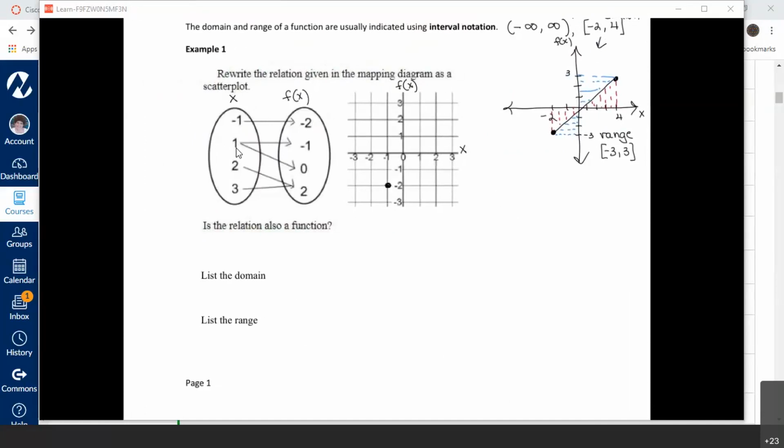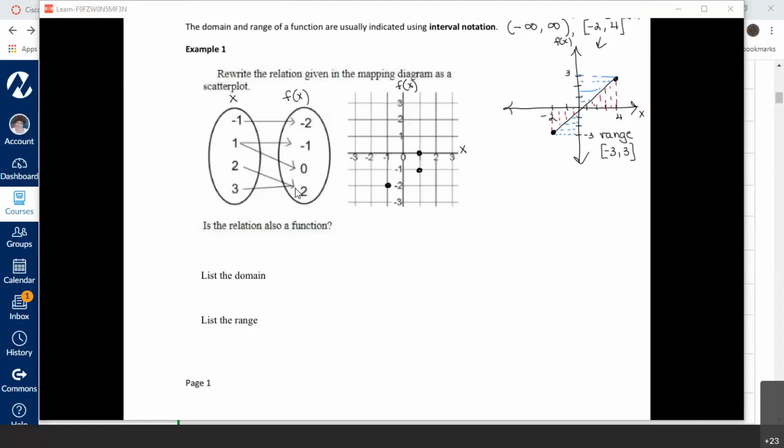Here you've got a 1 and it's mapping to -1. So you go to 1 on x and map it to -1. Okay, 1 is also mapping to 0. So you go to 1 on x and map it to 0 on f of x. Then I've got a +2 mapping to a +2.